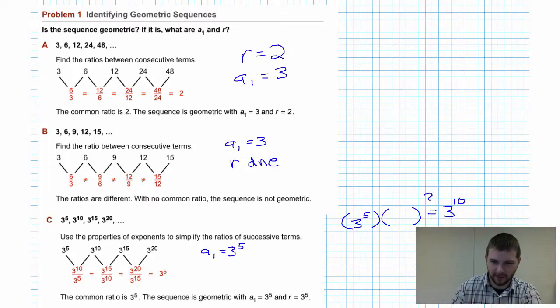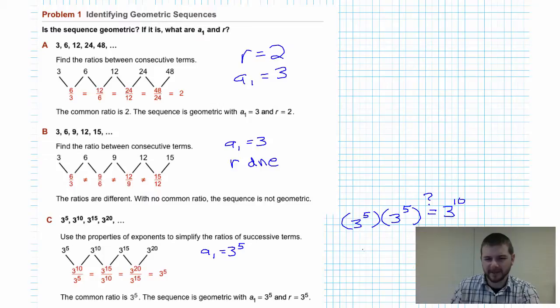And this is really our question mark here. 3 to the 5th times, think back to rules or properties of exponents. When we're multiplying the same base times a certain exponent, the same or otherwise, we add the exponents. 3 to the 5th times 3 to the 5th equals 3 to the 10th power.